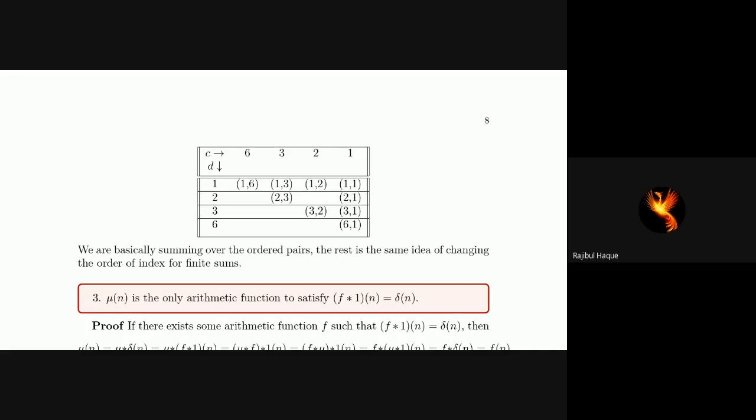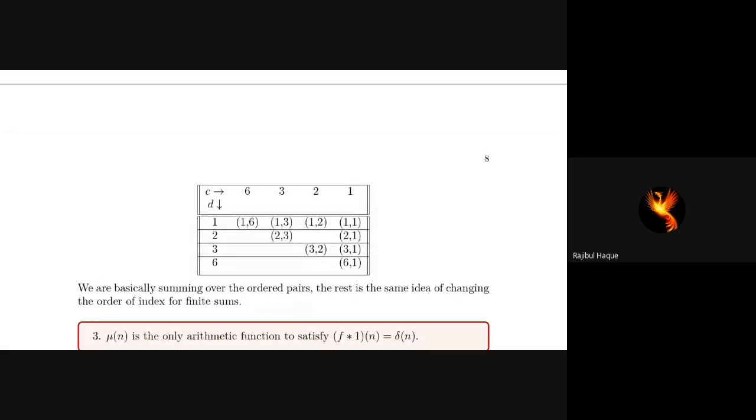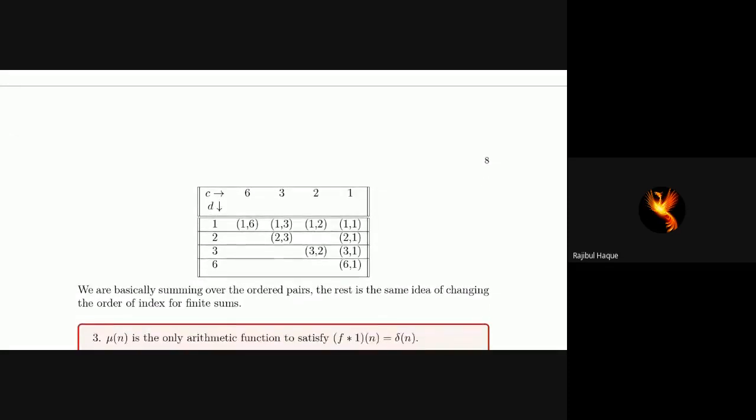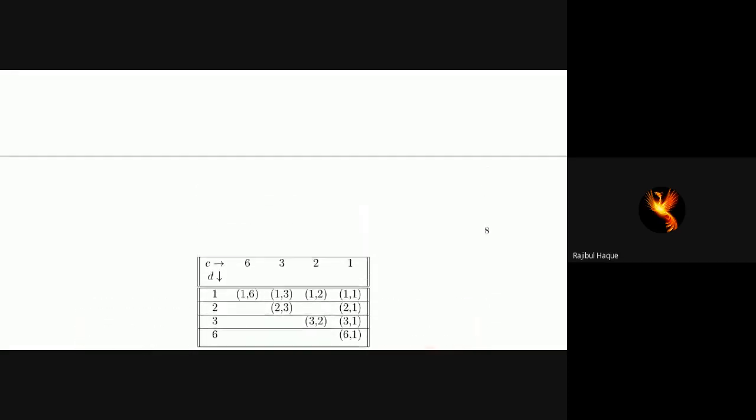So for the pair, consider 3 and 1. 3 times 1 is 3, which divides 6. So we can say that 3 divides 6 by 1, as well as 1 divides 6 by 3. So all these relations are true whenever we find two divisors of a number whose product is also a divisor of that number. These relations are valid then.